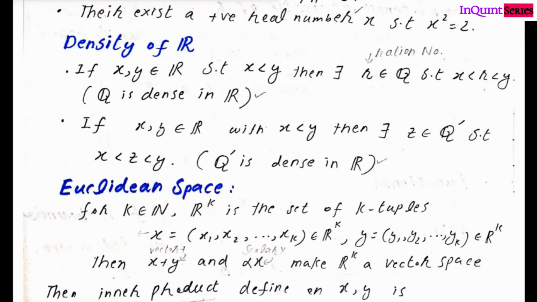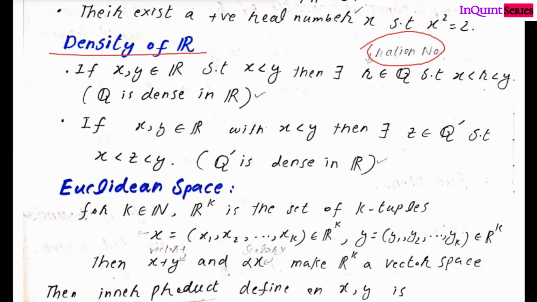So our next topic is density of R. If x and y belong to the set of real numbers such that x is less than y, then there exists a rational number r such that x is less than r is less than y.